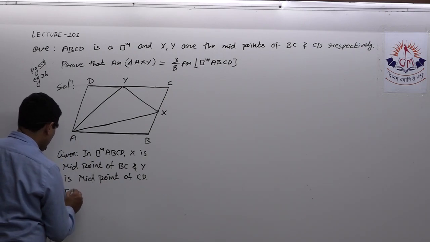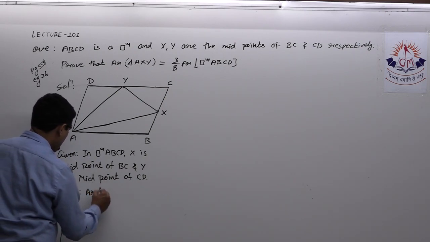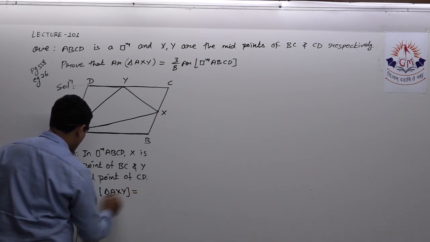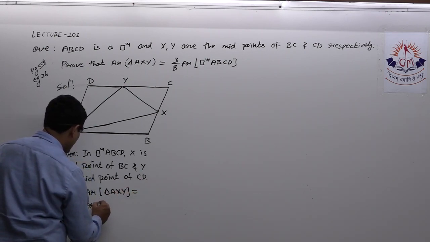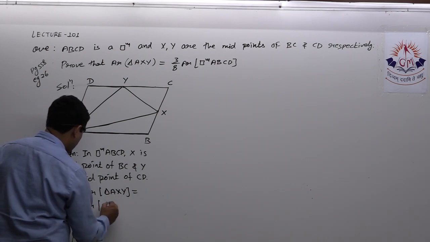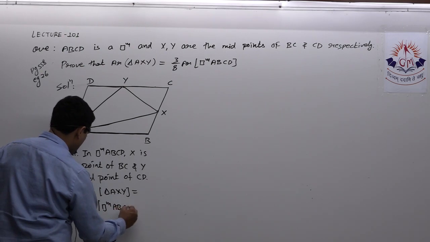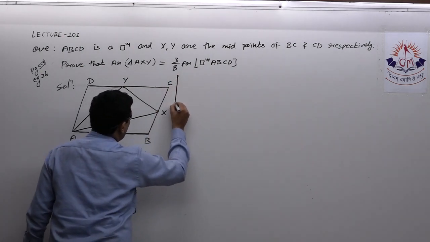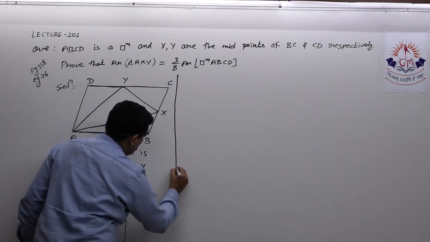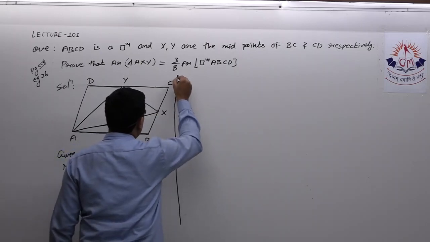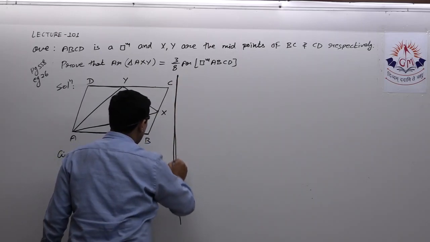To prove: area of triangle AXY is equal to 3 by 8 of area of parallelogram ABCD. So that is what we have to prove. First let me explain in short, then I will give you its detailed solution.